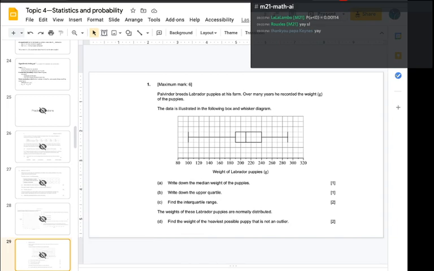Palfinder breeds Labrador puppies at his farm. Over many years, he recorded the weight in grams of the puppies. The data is illustrated in the following box and whisker diagram, weight of Labrador puppies in grams. Write down the median weight of the puppies. This one is self-explanatory, right?